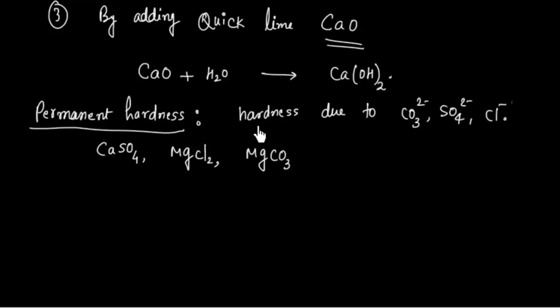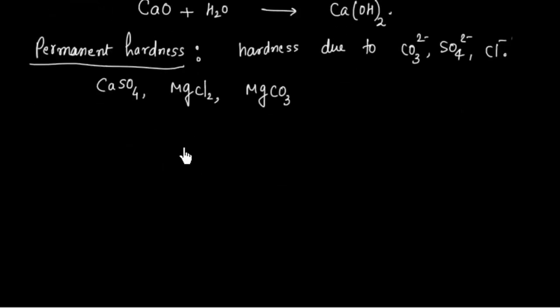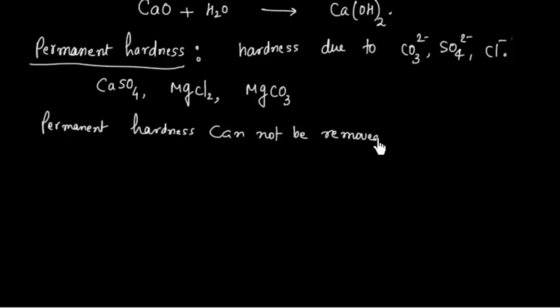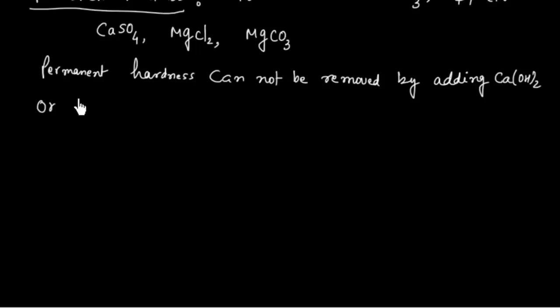Now permanent hardness cannot be removed by boiling or adding calcium hydroxide. So important point, permanent hardness cannot be removed by adding calcium hydroxide or by boiling water.